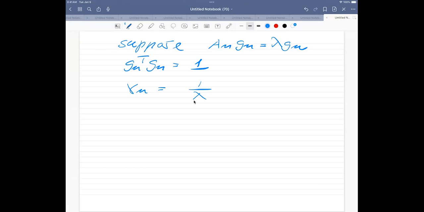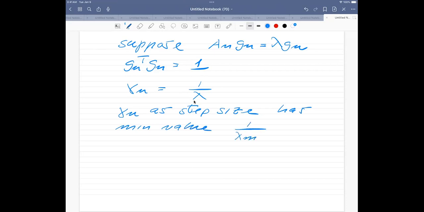So if you think of gamma of n as a step size, it has constraints which are given by the maximum and minimum eigenvalues. The step size has a min value, which is given by 1 divided by lambda max, and a max value, which is given by 1 over lambda min.